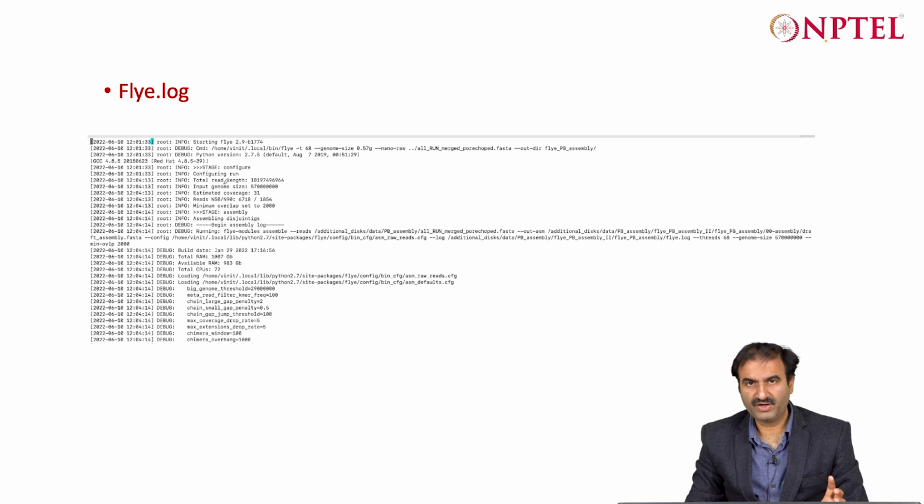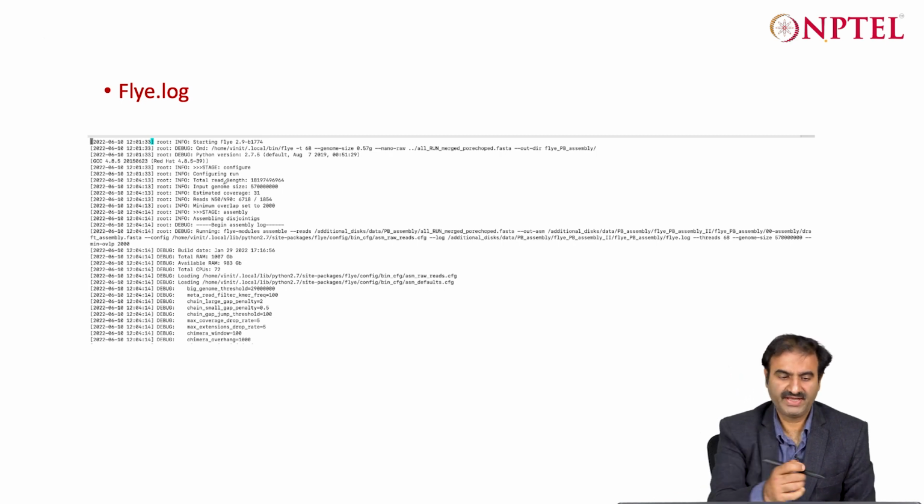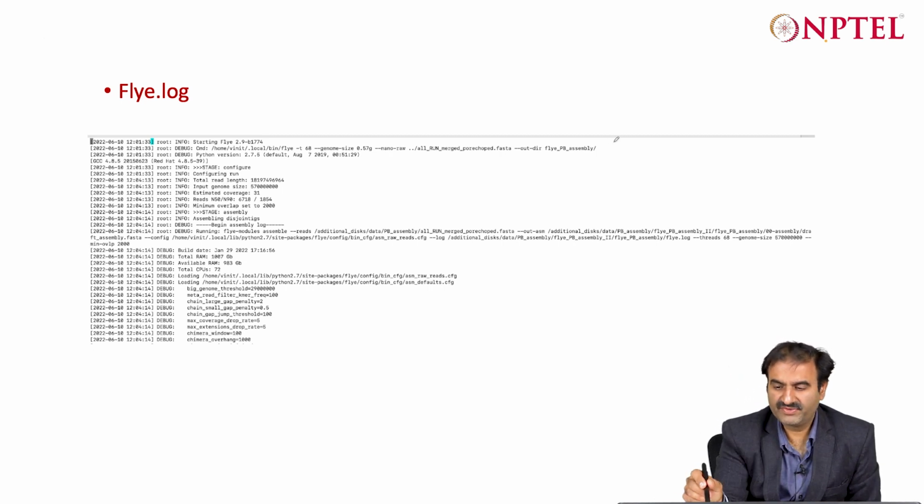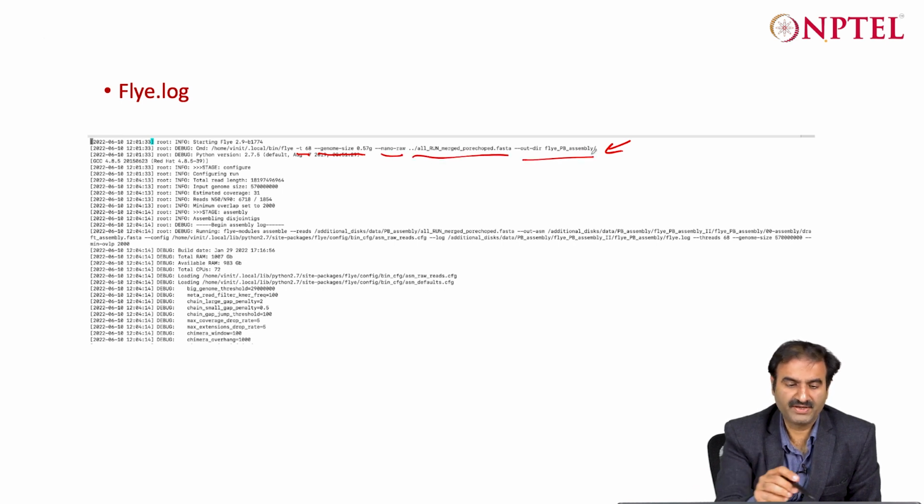Now the summary of the log that it has created is printed here. You can see that this was the command that you ran: 68 total threads, genome size, Nanopore raw, the path and the output directory. Then the total length it has generated, genome size, and estimated coverage, that means the average coverage of your reads. 31 means that 31x was the average coverage.